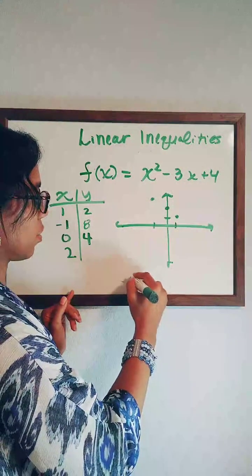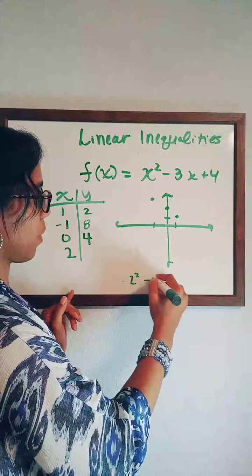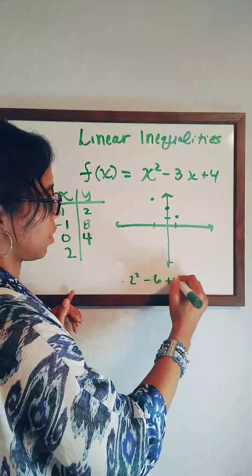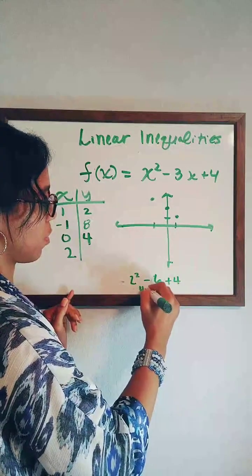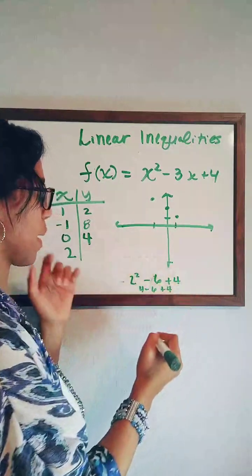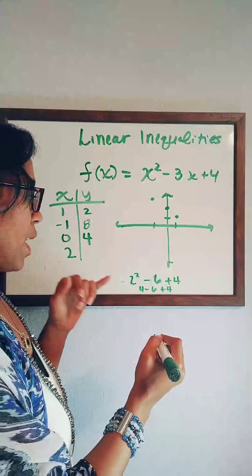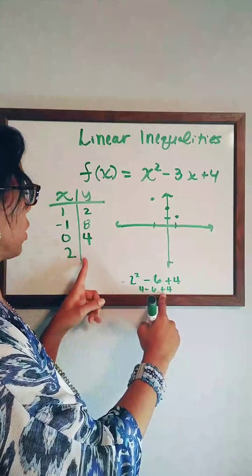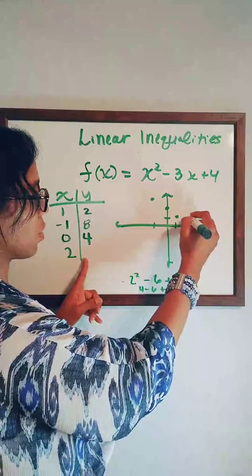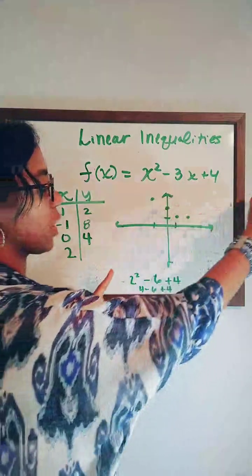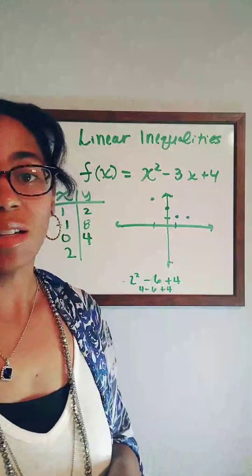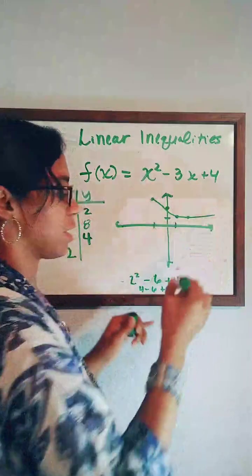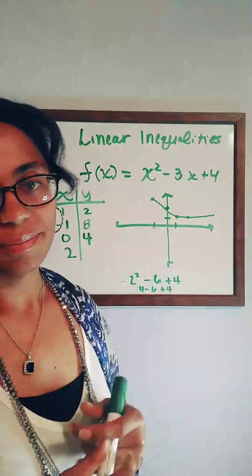So when x is 2, we have 2 squared minus 3 times 2, which is 6, plus 4. 2 squared is 4 minus 6 plus 4, which would be negative 2 plus 4, which will be 2. So x is 2, y is 2. Ooh, it's going to be one of those that do like that. Do y'all get the hang of it? It's going to be something funky looking.